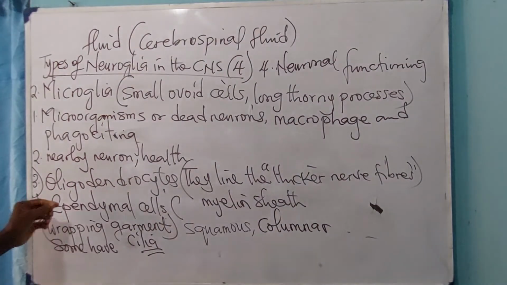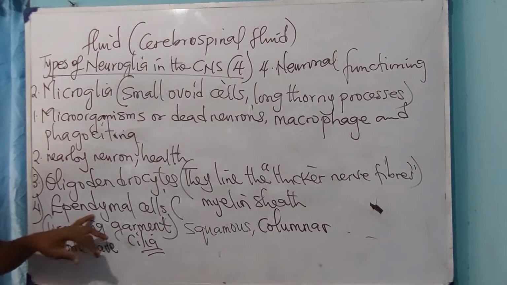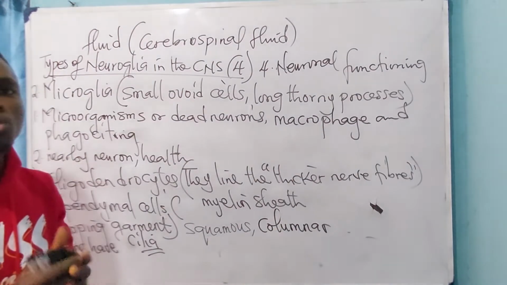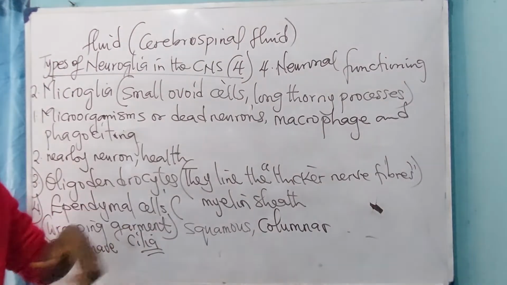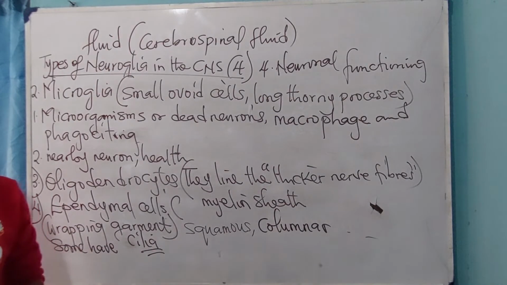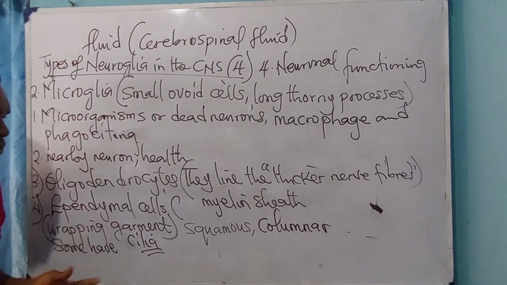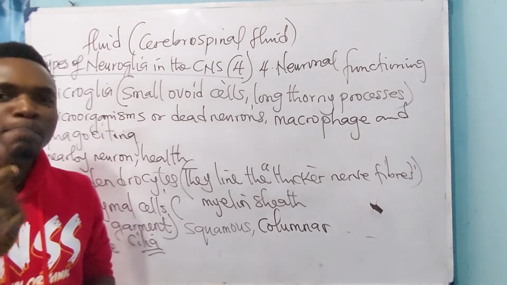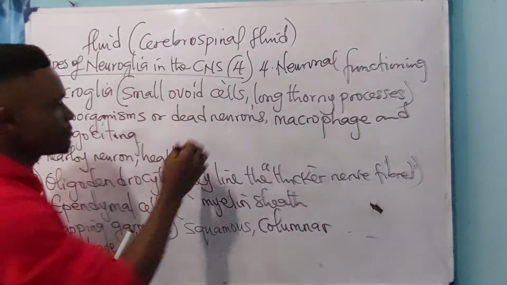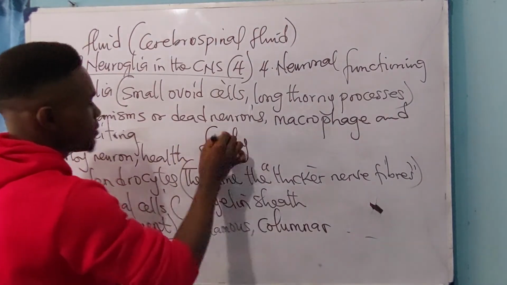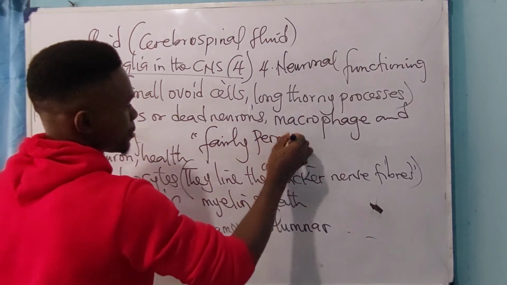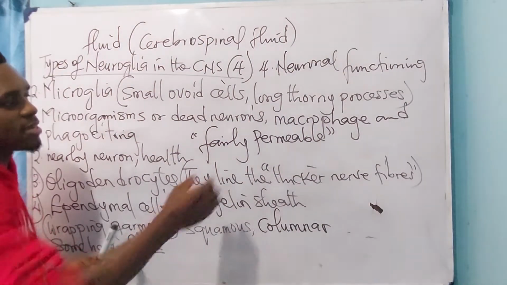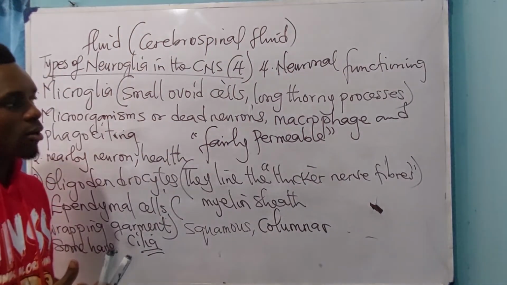Then, secondly, these same epidermal cells are found surrounding the ventricles of the brain, or the central cavity of the brain and spinal cord. Now these same epidermal cells have the ability to form membranes that are fairly permeable. That are fairly what? Permeable. Now, fairly permeable means that to an extent it permits the entering of materials.